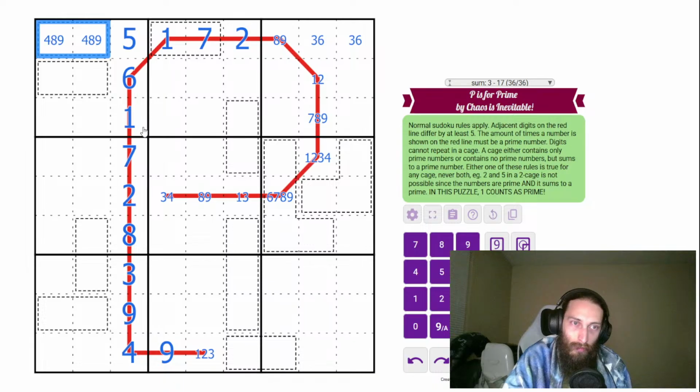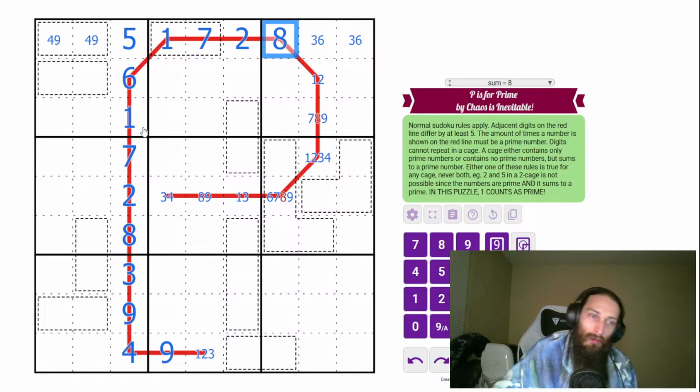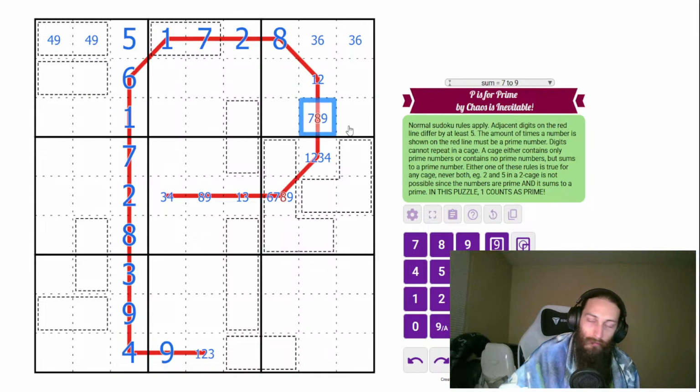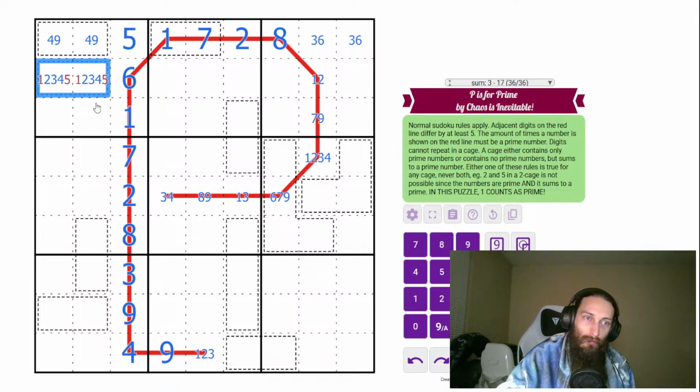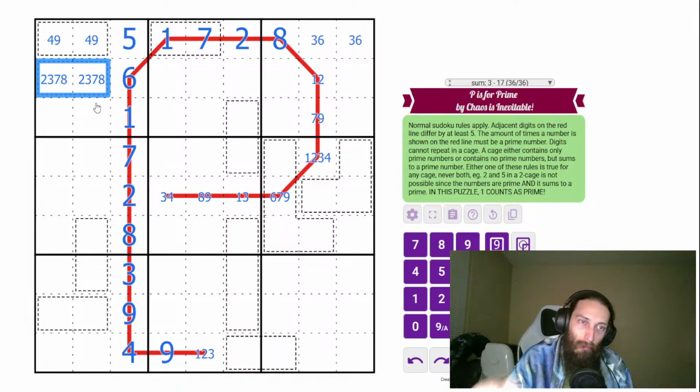That makes the 8, 9, and 8. So this is not. It's 4, 9. Now we have 2 8s, which is allowed. We could even have a third 8. 5, 6, 1, 4, and 9.